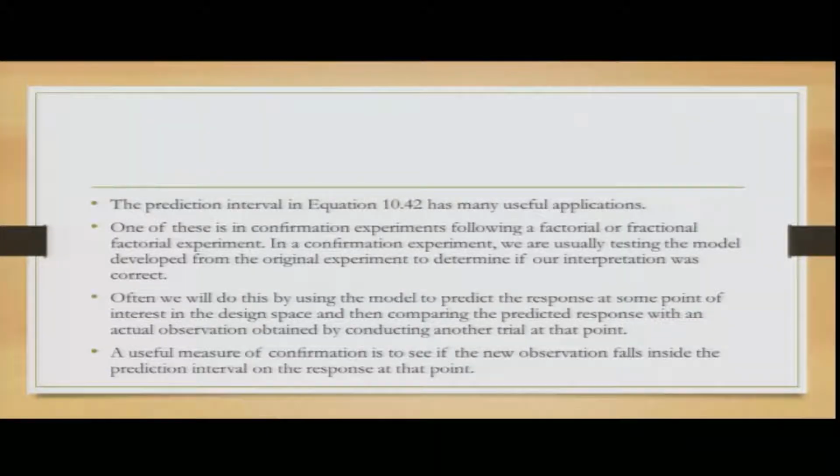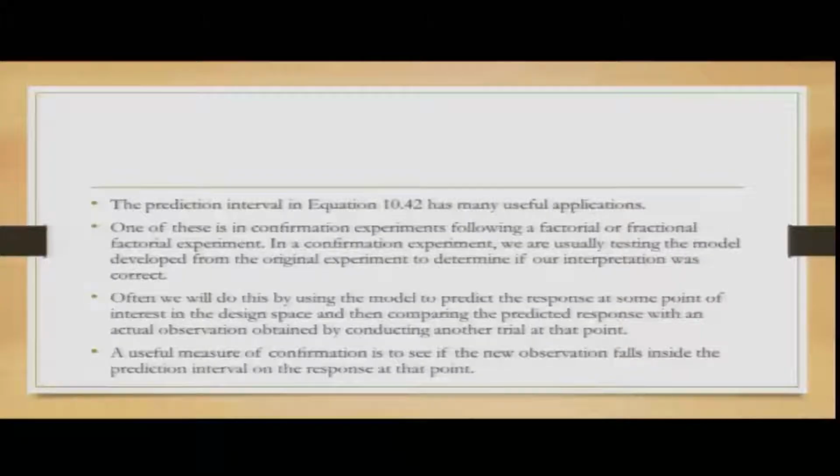So, the prediction interval has many useful applications. One of those is the confirmation experiment following a factorial or fractional factorial experiment. In a confirmation experiment, we are usually testing the model developed from the original experiment to determine if our interpretations were correct. So, given in sample and out of sample data, we first test our model in sample and then utilize that model out of sample to find out the robustness of our model.